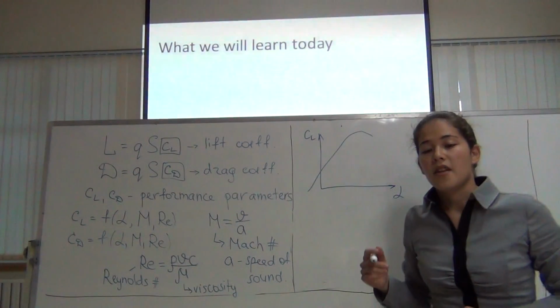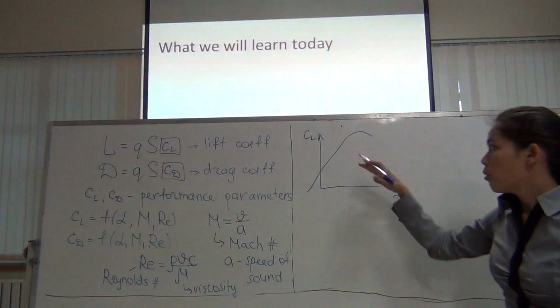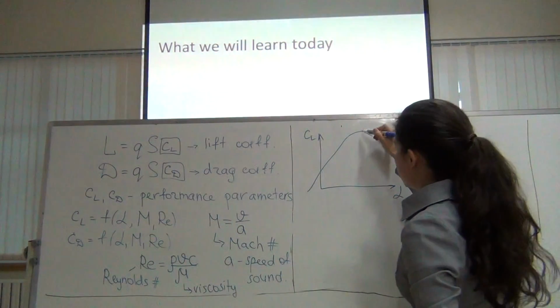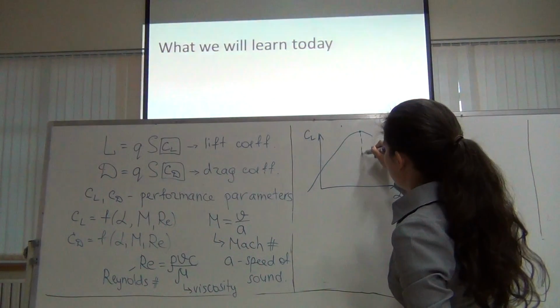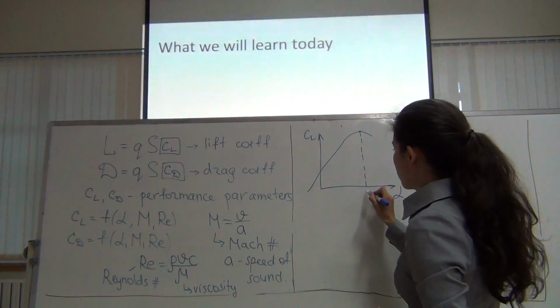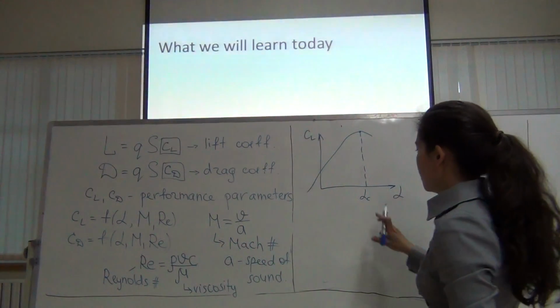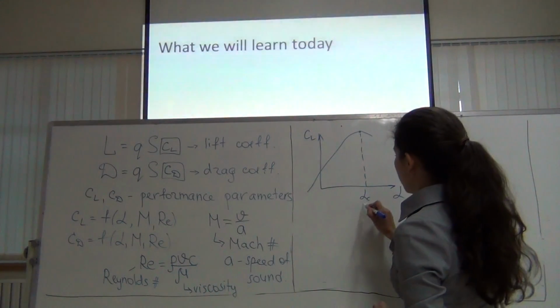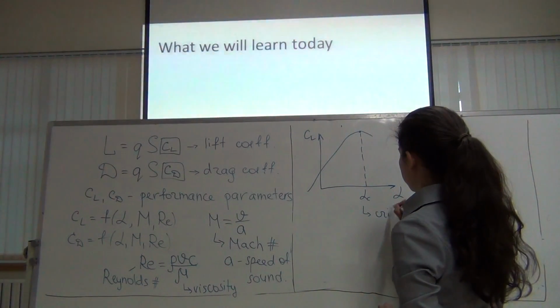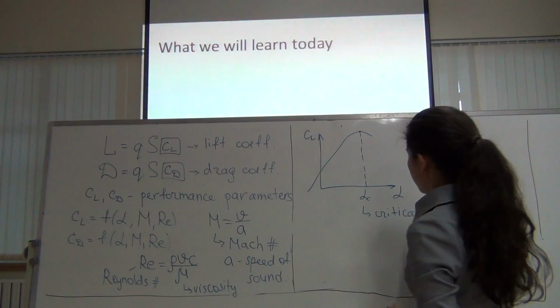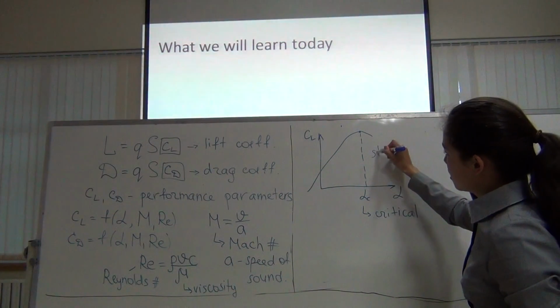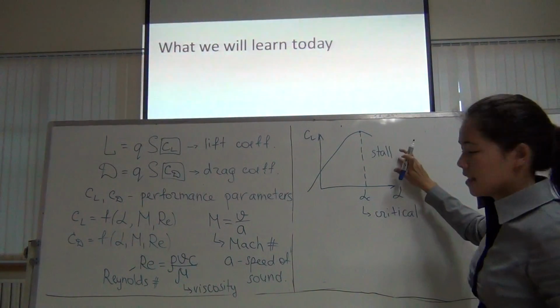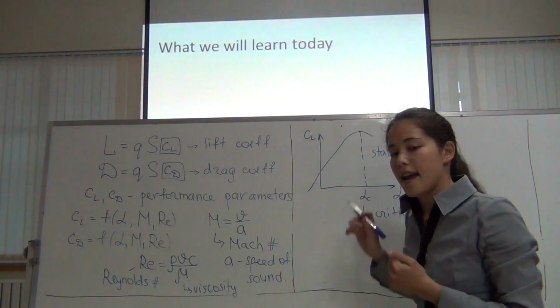So that means the airfoil will produce more lift. But at some point it will stop producing more lift. It is called a critical angle of attack, alpha C. And after that, stalling occurs. That means there is less and less lift as you increase the angle of attack.